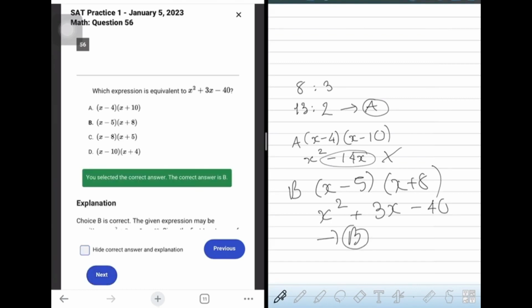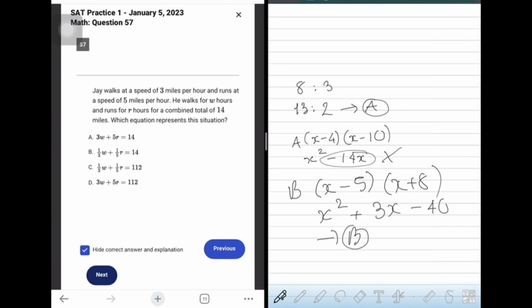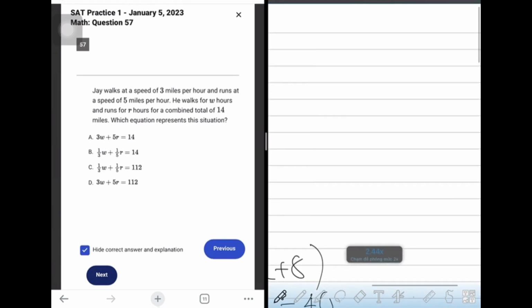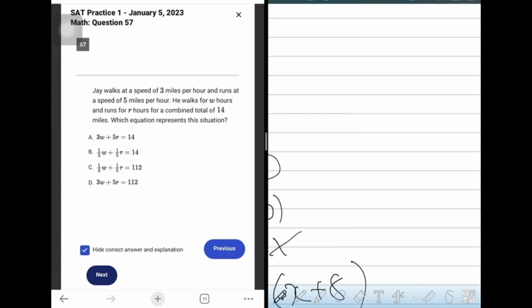Yeah, you see. Next, it's a word problem, but I think it's not that hard. Try work speed. When you see the total of, it's like the right side, you see it's 14, and then we should consider the left side.